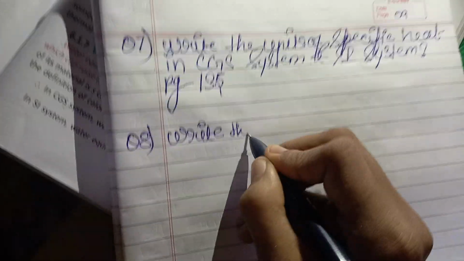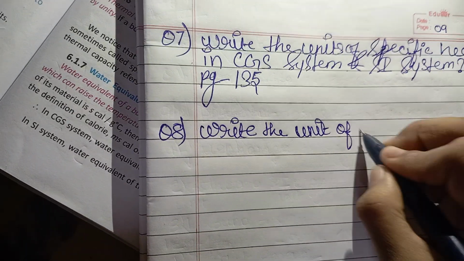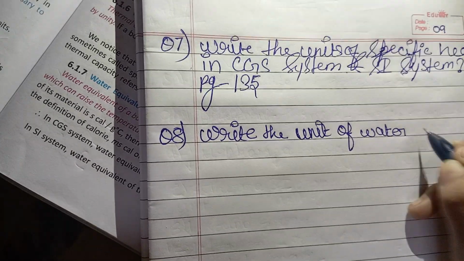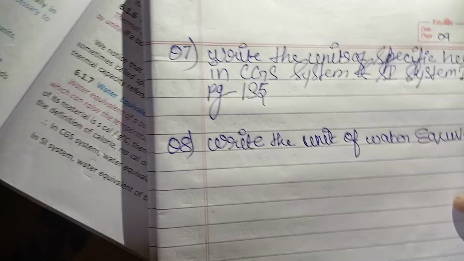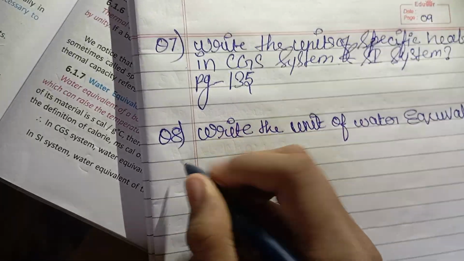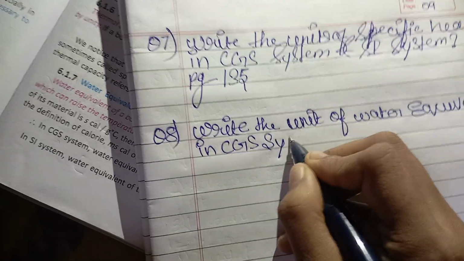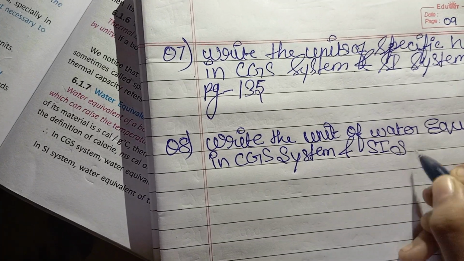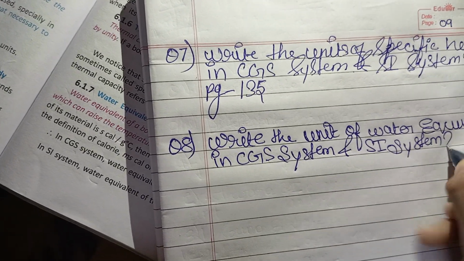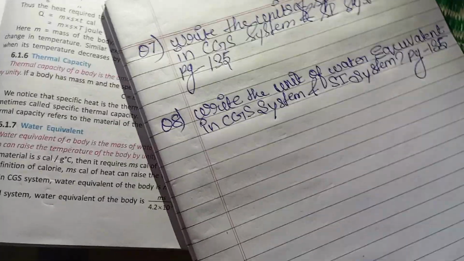Write the units of water equivalent in CGS system and SI system. Page 130. Now, this is the last question from 6.1.